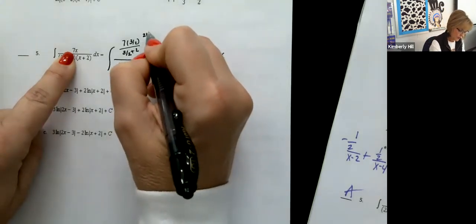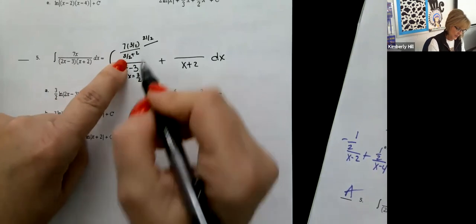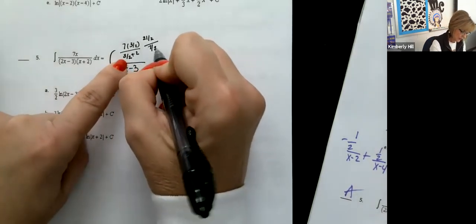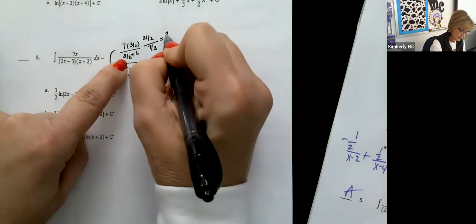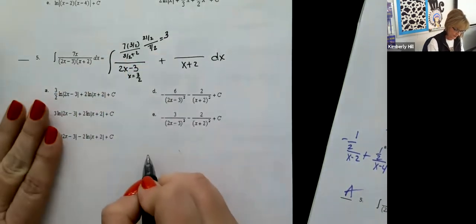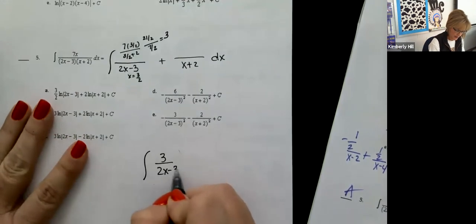So 21 over 2 is on top in the numerator. This becomes 7 over 2, which is nice. So it's just 3. So this is what I have so far.